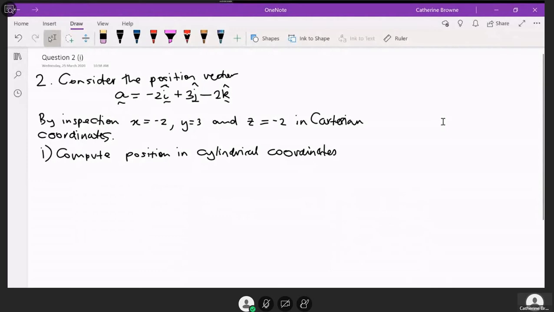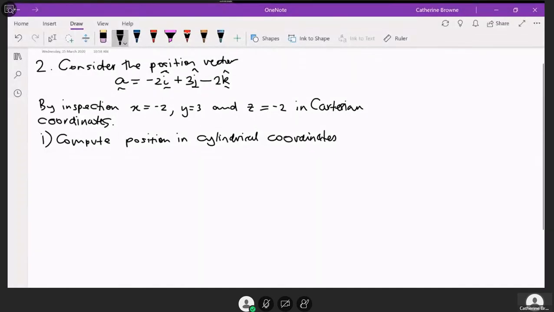So in cylindrical coordinates, we have the radius of the cylinder given by rho, and that's just equal to the square root of x squared plus y squared.